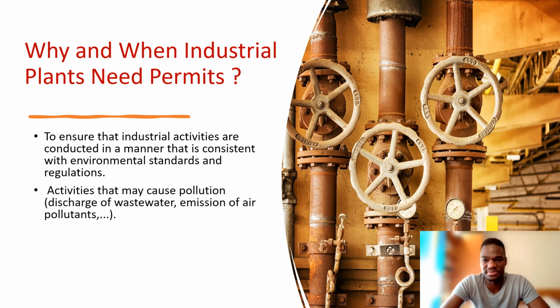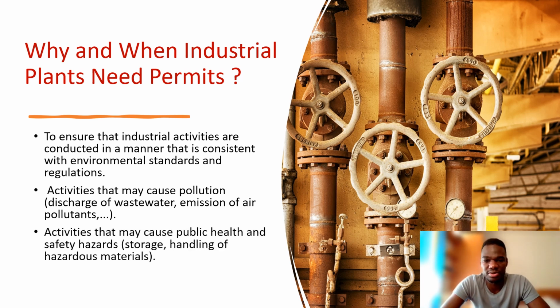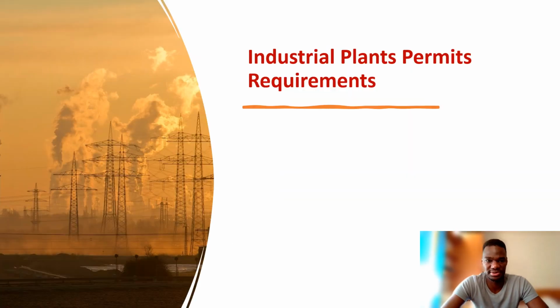Industrial plants must obtain permits for activities that may cause pollution, such as the discharge of waste water or wastewater, or the emission of air pollutants. They must also obtain permits for activities that may cause public health and safety hazards, such as the storage and handling of hazardous materials.